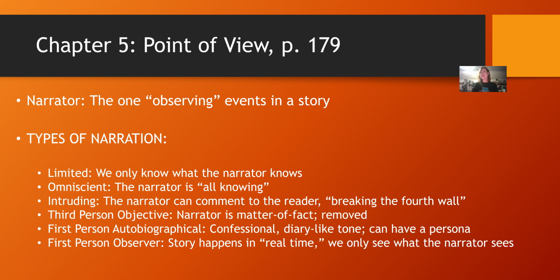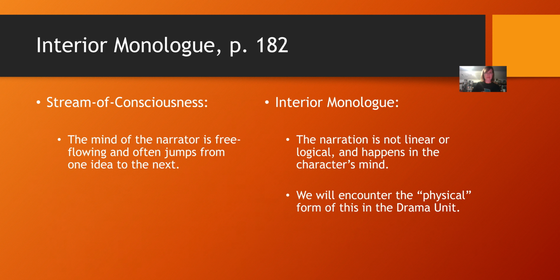So those are the types of narrators, and in our book on page 179, these types are all broken down with various examples supporting them. On page 182, we dive a little bit deeper into interior monologue. In an interior monologue, the narration is not linear or logical. It just happens like it happens in the character's mind.